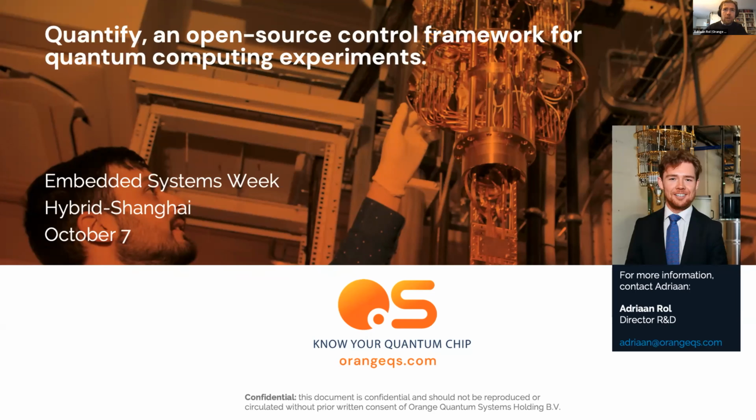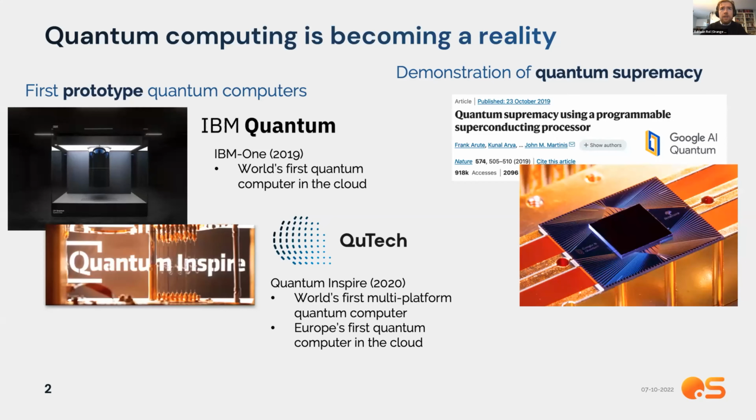To start with, I think all of us are here to some extent because quantum computing is becoming a reality. I've put some of the world's first milestones of the last couple of years here. Obviously in the previous talk, we saw some of the excellent results achieved in China that take this to the next level.